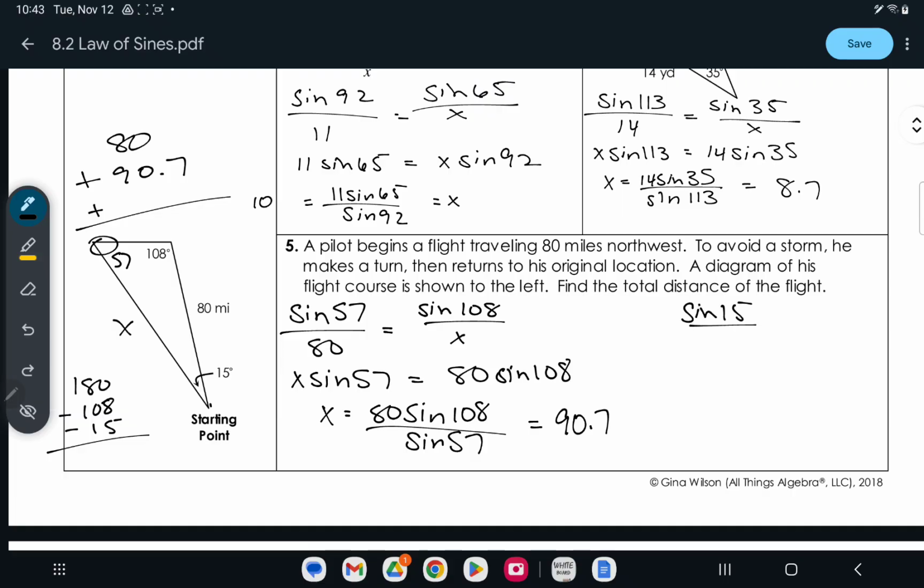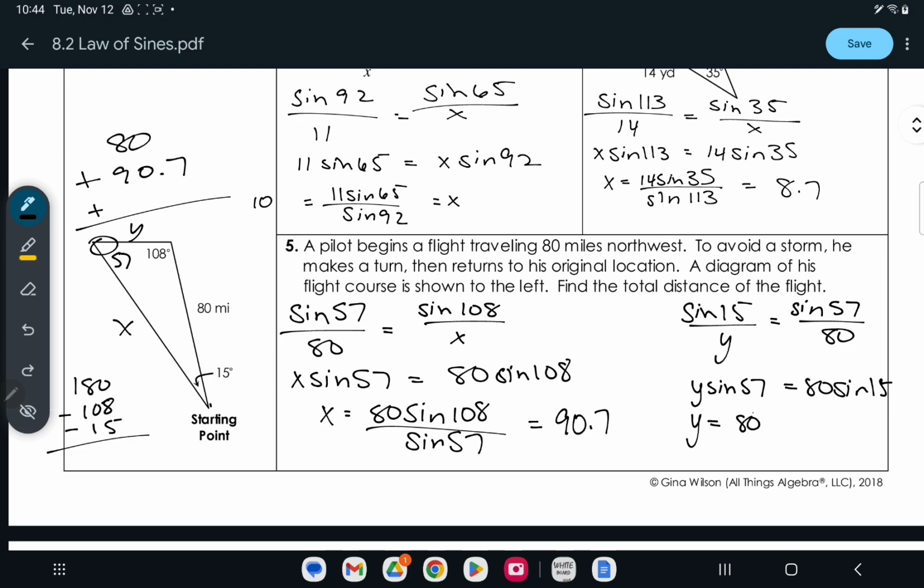Sine of 15 over, let's do y, is sine of 57 over 80. So y sine 57 is 80 sine of 15.